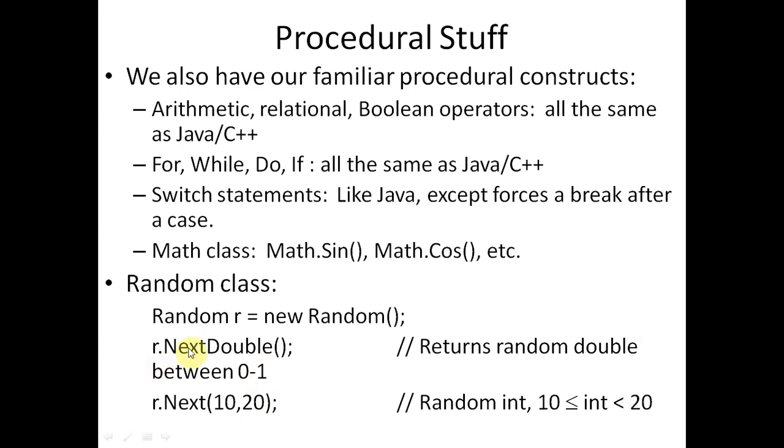So that's why we have written here r.NextDouble. And this is r.Next(10, 20). So it will generate any random number between 10 and 20, greater than or equal to 10 and less than 20. So this way we can create a random value. So this is the Random class.